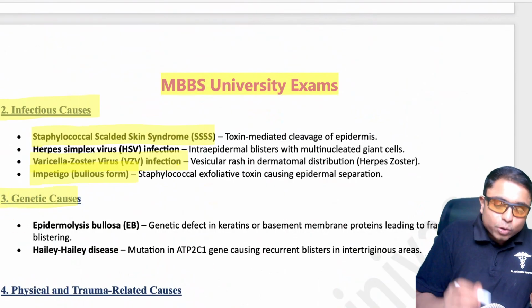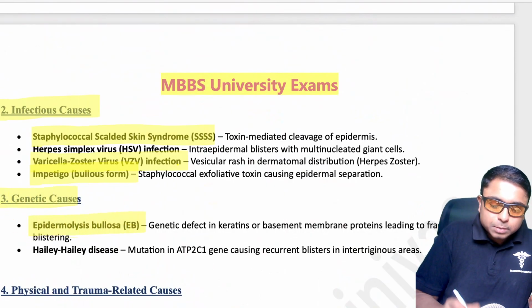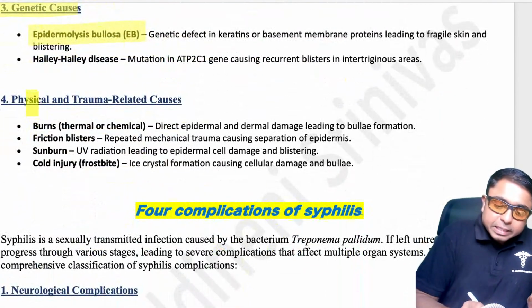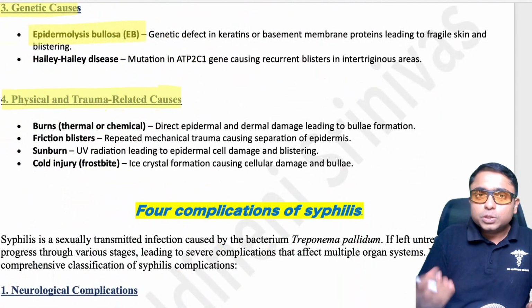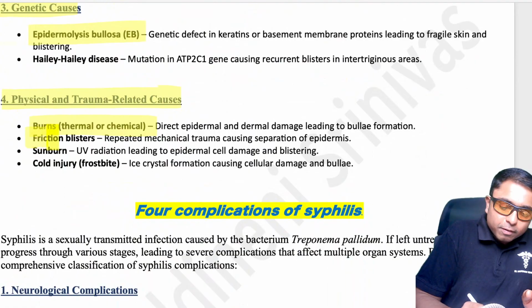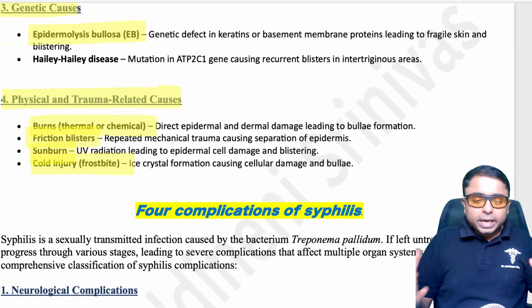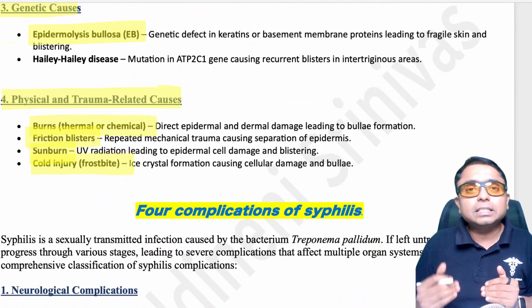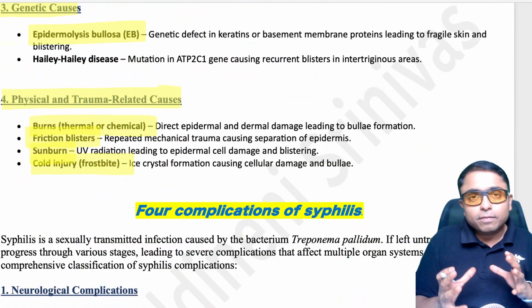In the genetic, you can just remember epidermolysis bullosa. And in the physical and trauma related causes, you can write down burns, friction blisters and sunburn, or cold injury, frostbite. If you write like this under the classification, the examiner also will feel very happy.